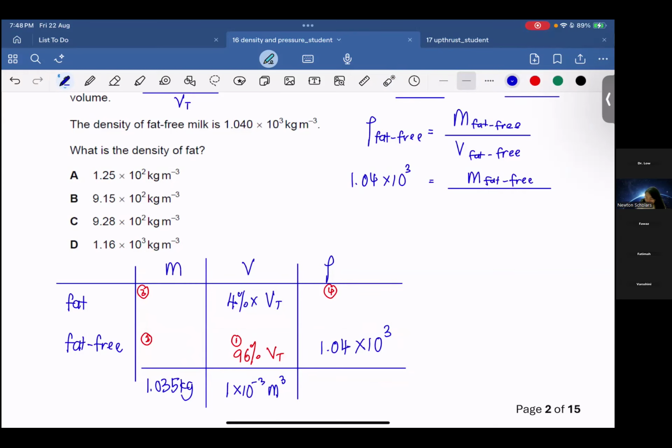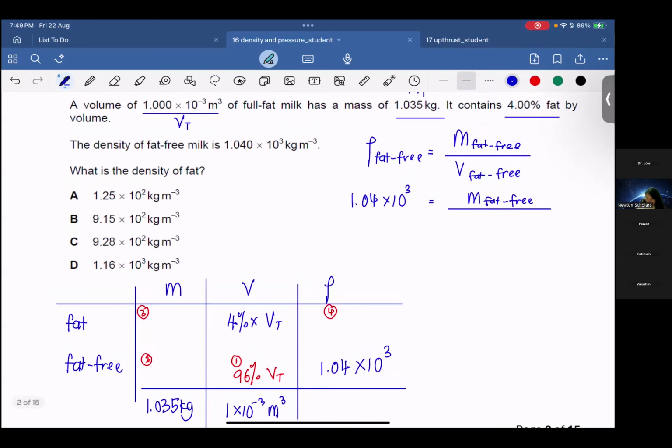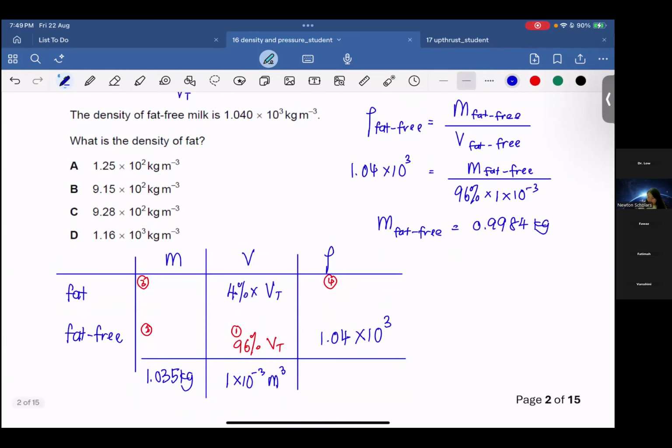The fat-free is 96%, so you use 96% times 1 times 10 power of negative 3. So at the end, the fat-free part, my answer is 0.9984 kg.